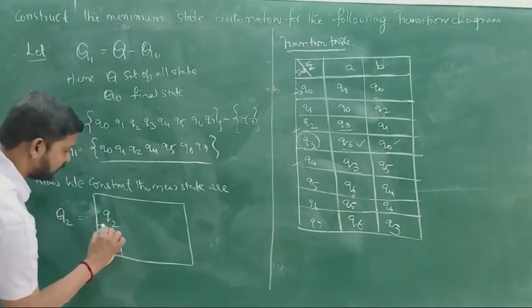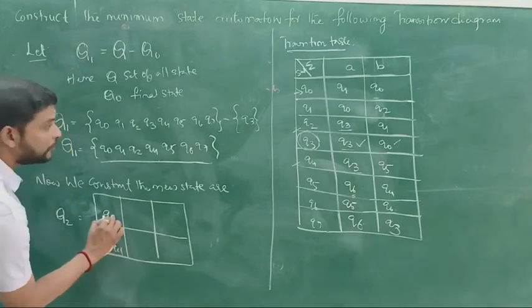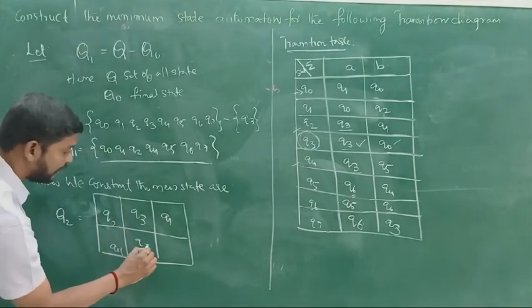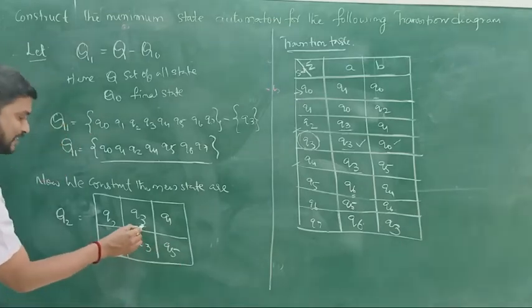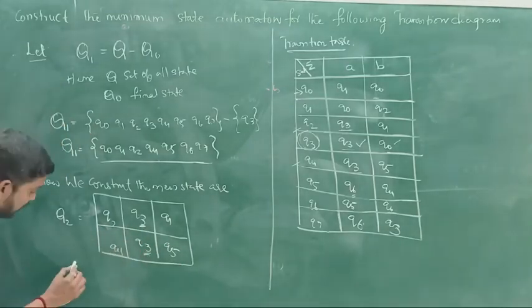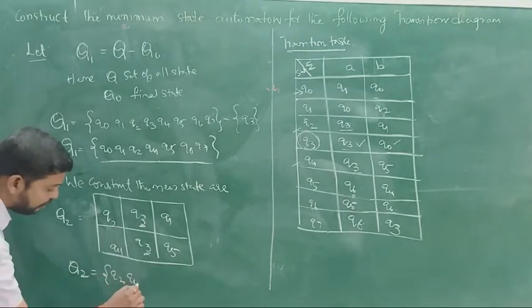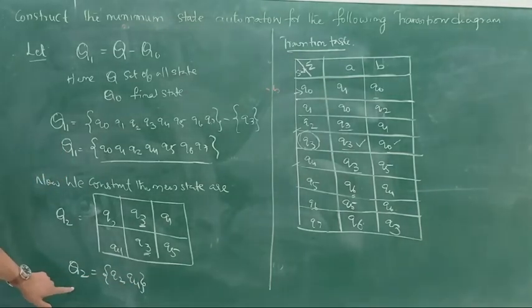Here the sets will be q2 given state q3 and q1, q4 given q3 and q5, so this is called the line state, and the new state is q2 and q4.